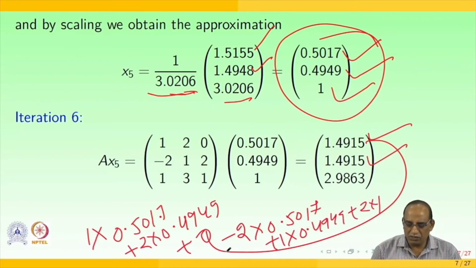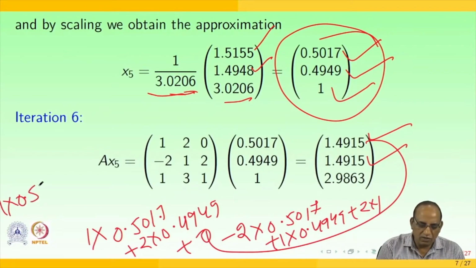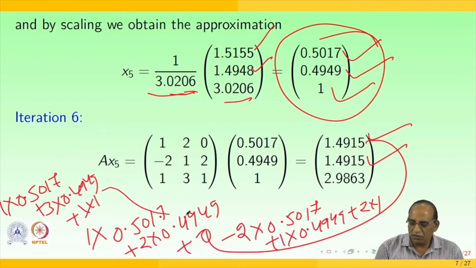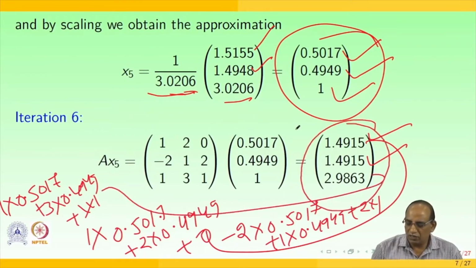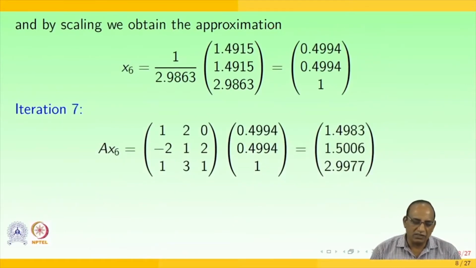And third one is 1 into 0.5017 plus 3 into 0.4949 plus 1 into 1. So essentially you will have 1.4915, 1.4915, 2.9863. This is the one which you derive after 6 iterations.